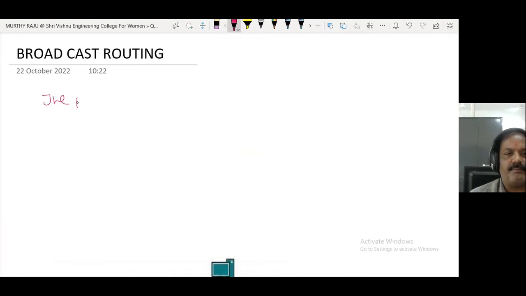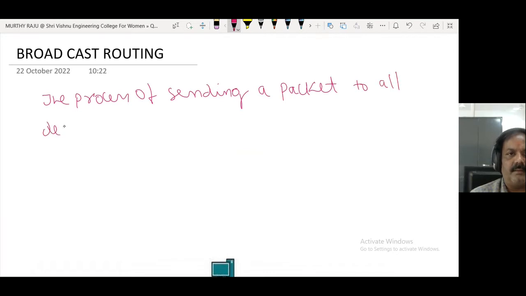The process of sending a packet to all destinations simultaneously is called broadcast routing.